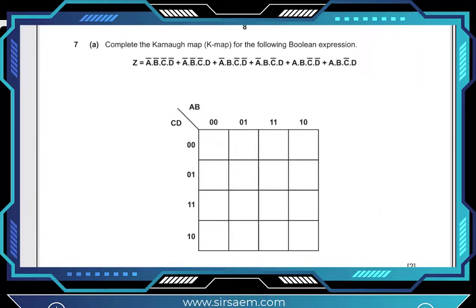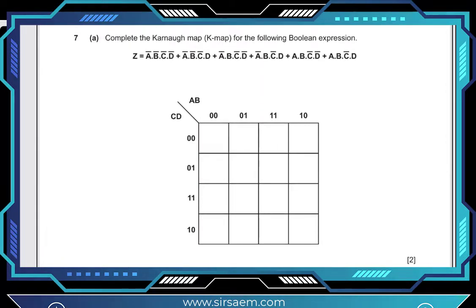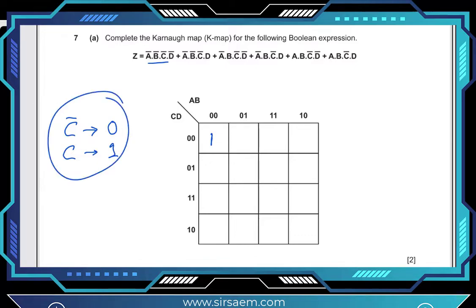Complete the K map for the following Boolean question. You can see over here A inverse, B inverse, C inverse, D inverse. This would come here because it's 0, 0, 0, 0. Remember one thing: when it's C inverse, it's 0, and when it's 1, it's C. In this case, it would be over here.